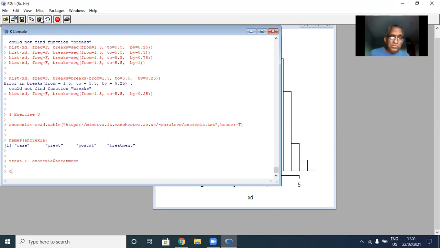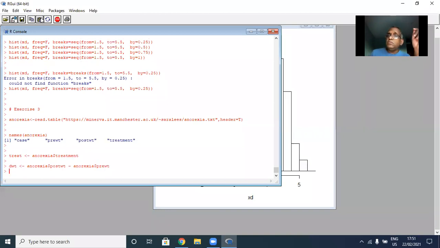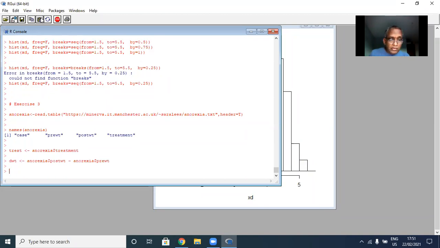And let DWT represent the difference in the weight before and after the treatment, right? So this is the post weight, that is after the treatment, and this is the pre-weight, that means before the treatment. So this is a very crucial variable, DWT, right?